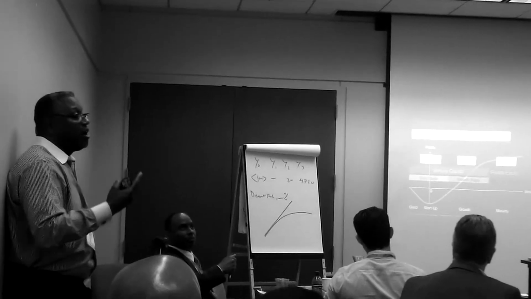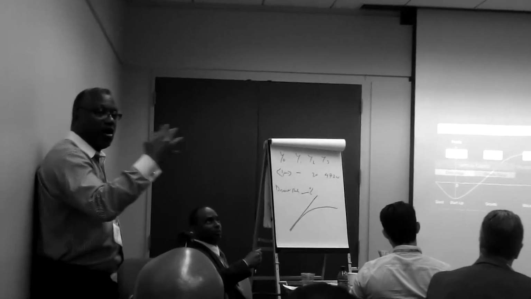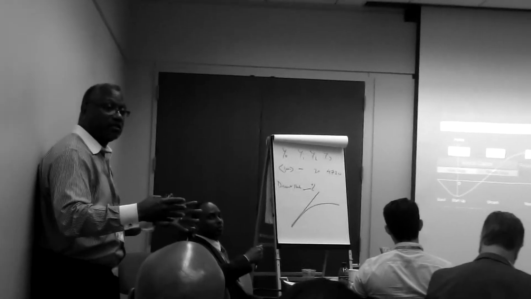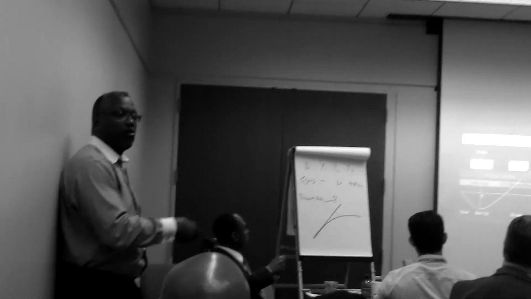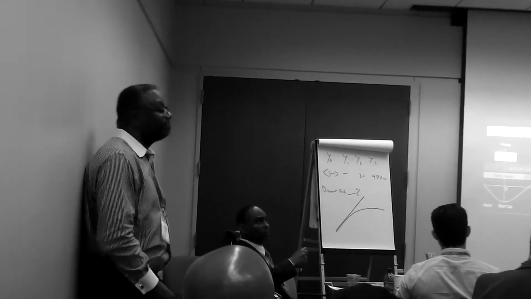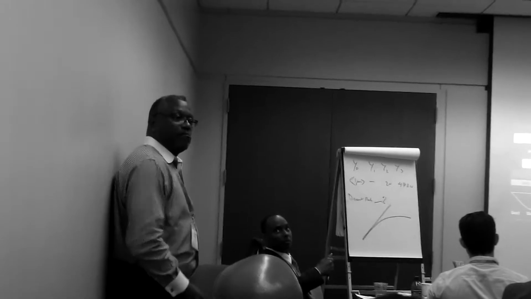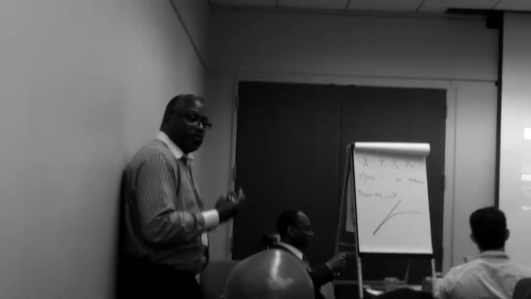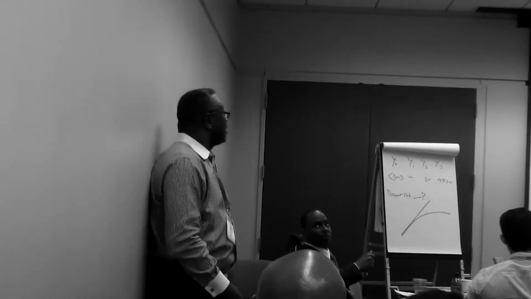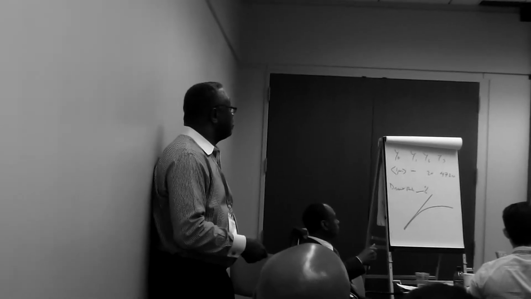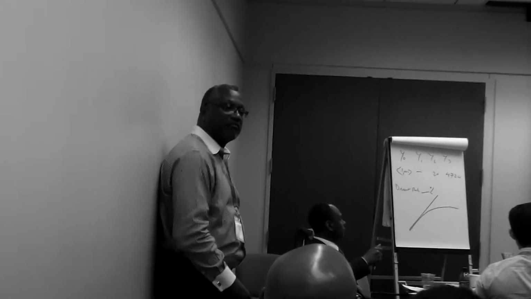But if you are now able to go into a different market or have this fabulous new product, it has the potential of growing 40, 50% a year, but the risk of actually doing that is higher, then the return requirements are not going to be 3 to 5, it's going to be more like 5, 6, 7, 8.